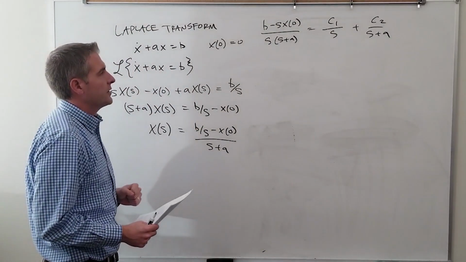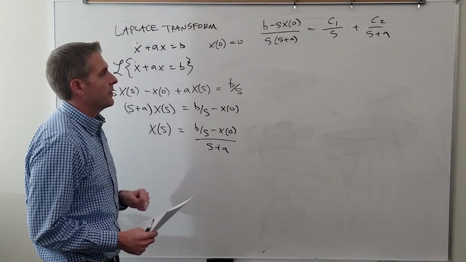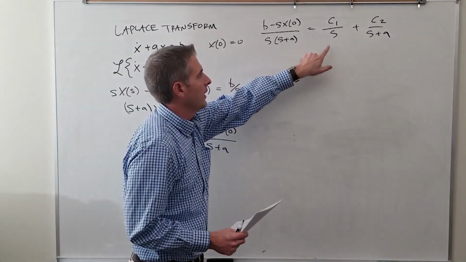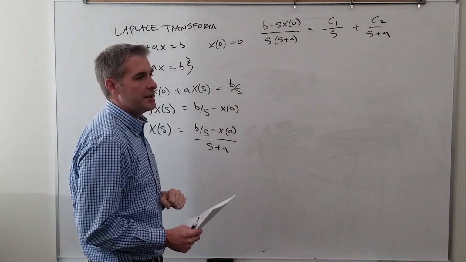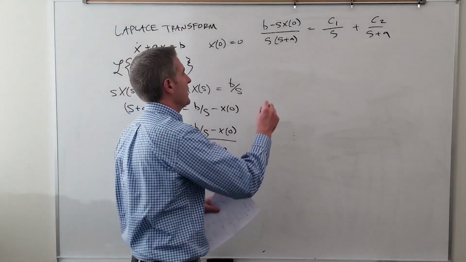Well, there's a couple of things that we can do to isolate c1. The first thing is that if we multiply every single one of the terms in this equation by s, we'll have c1 by itself. Let's do that first.